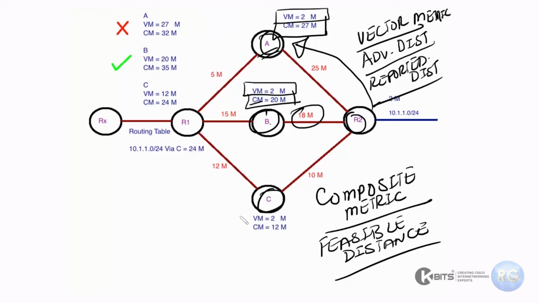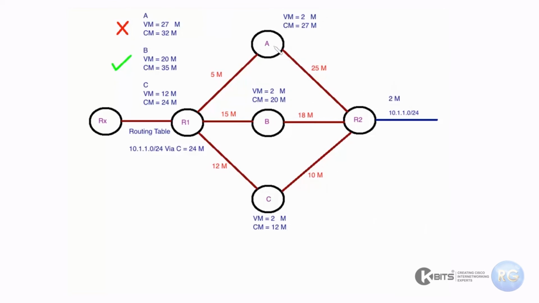C also gets 2 as the reported distance from R2, the vector metric, adds 10, gets 12. Agreed, understood so far. So you understand what that VM and CM is on A, B, and C. Good.